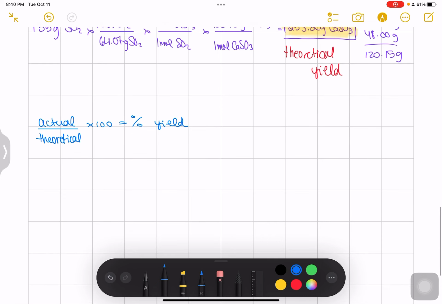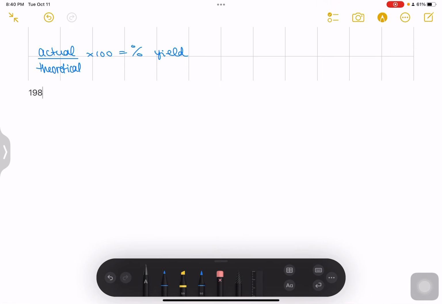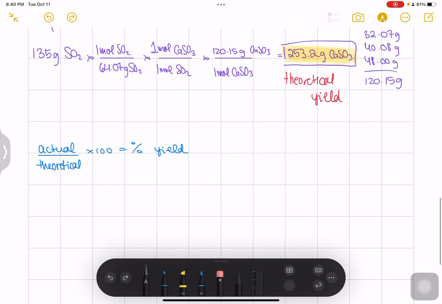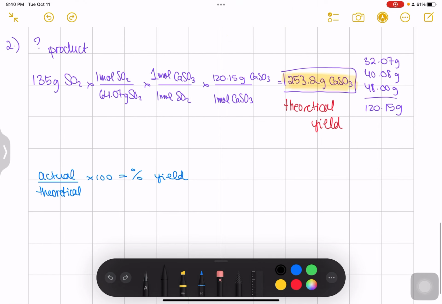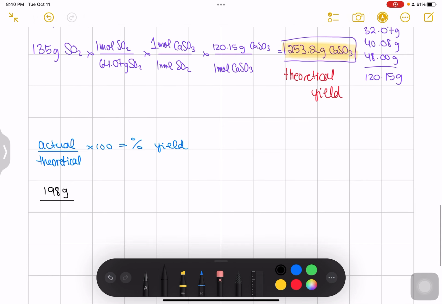Putting them into the equation, we're going to have 198 grams over 253.2 grams times 100.